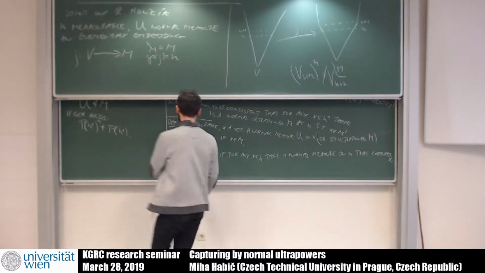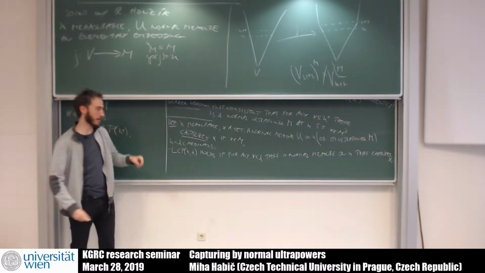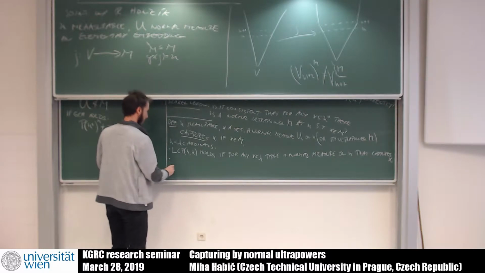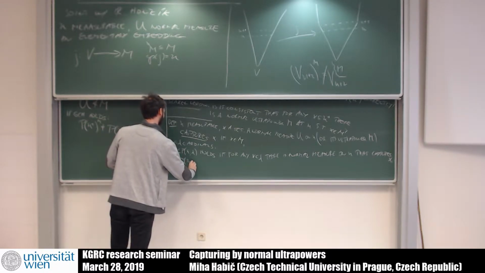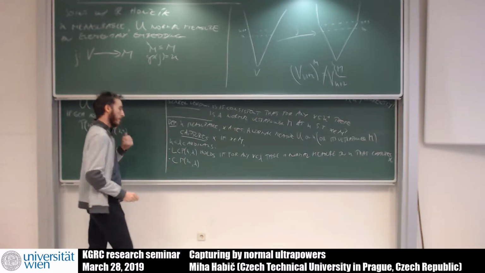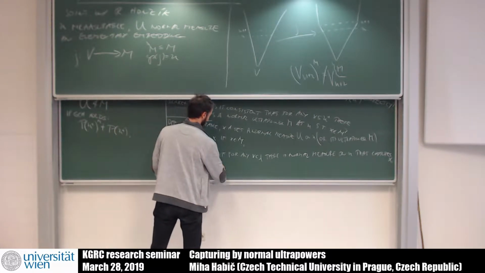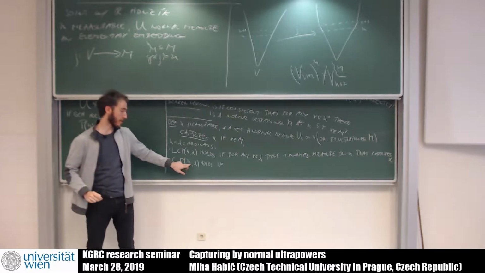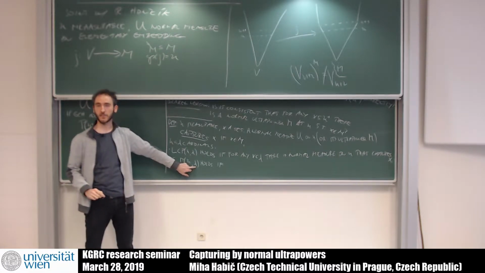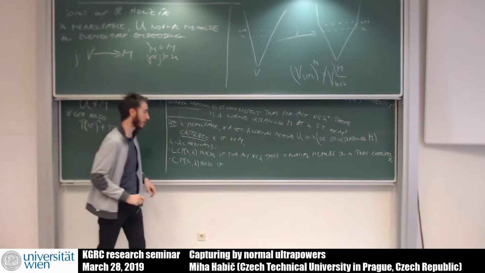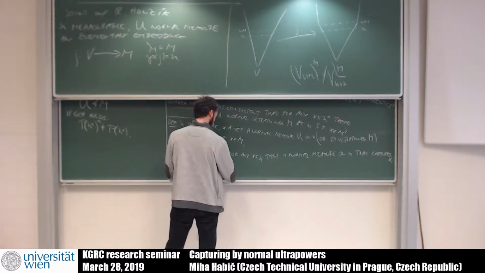So this is the local capturing property, one set at a time. And if I get rid of the local, CP kappa lambda says that not each set separately, but the entire power set of lambda is captured by some ultrapower at kappa.